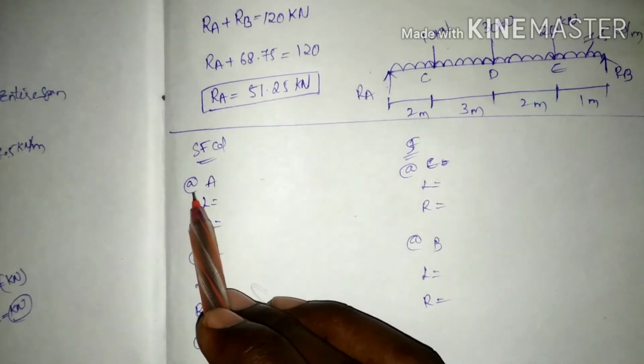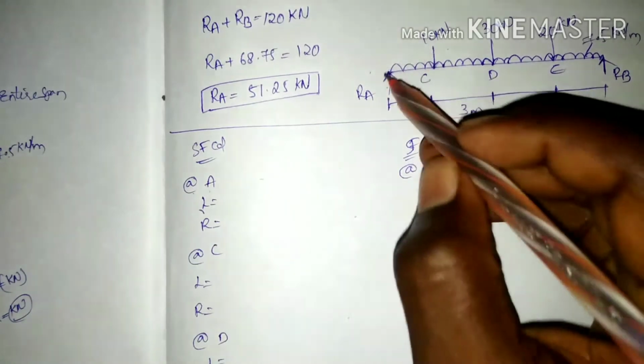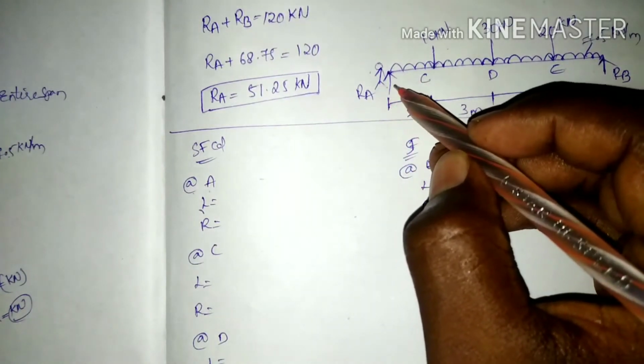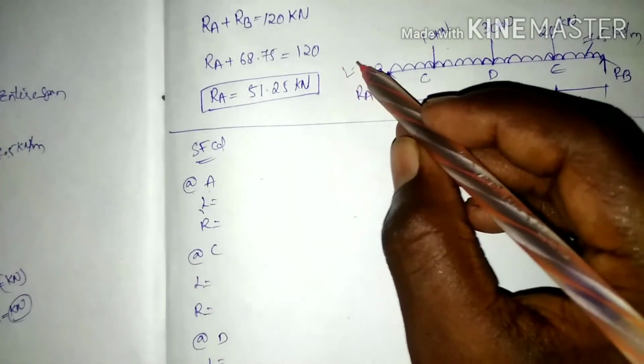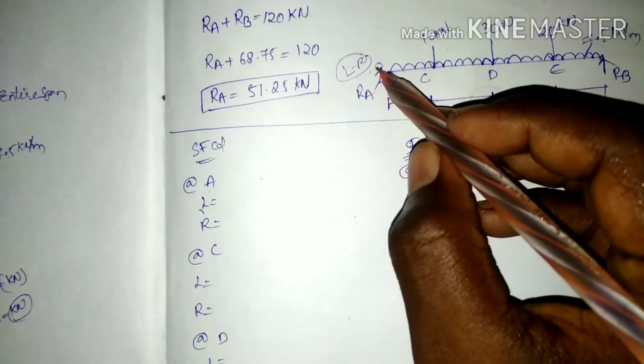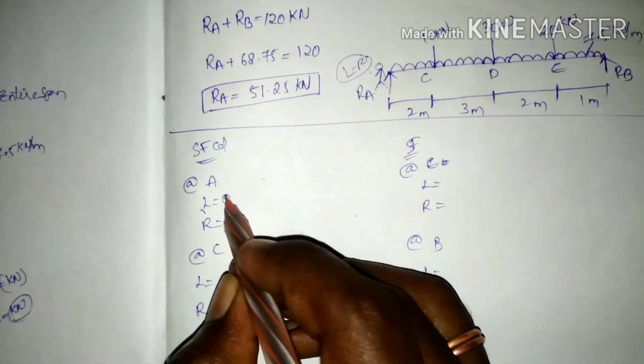For the shear force at A, if I stand just left of A and look towards the left side, I find no forces or reactions, so it is going to be 0.